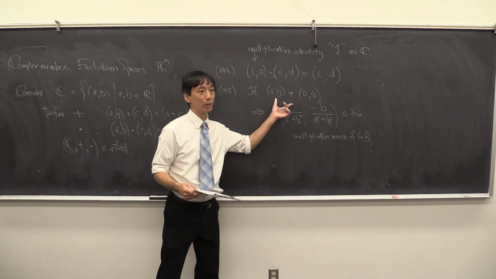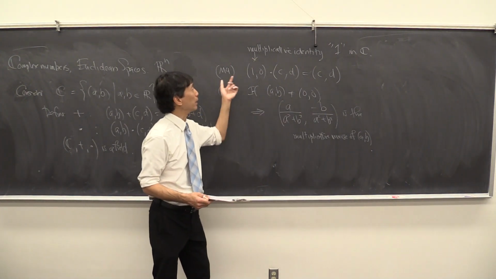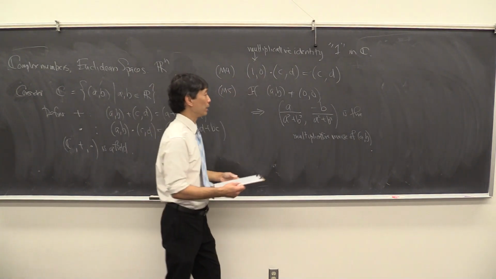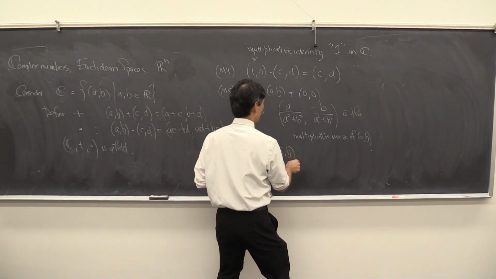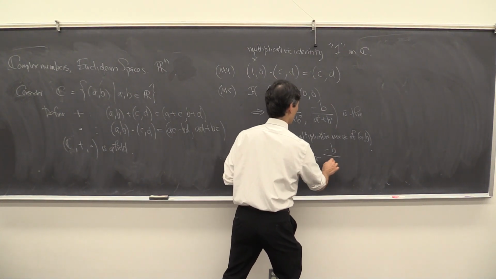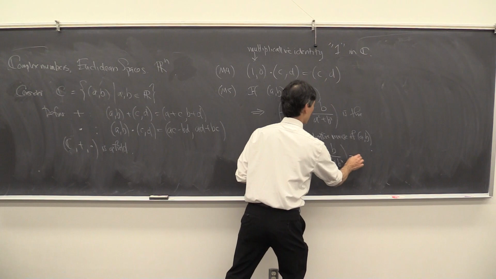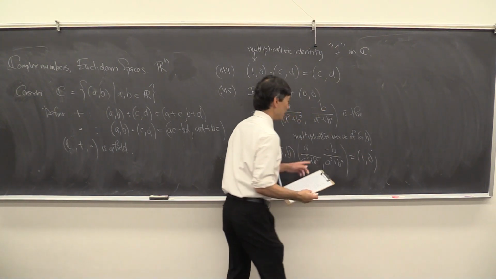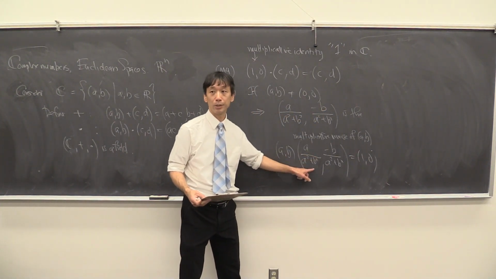If you multiply these two together and work it out, you get (1, 0). So this is the multiplicative inverse.